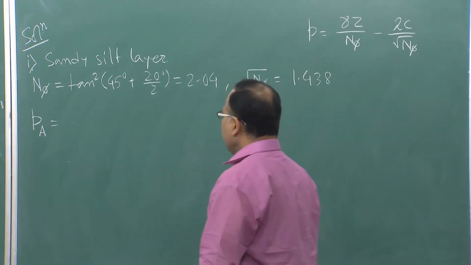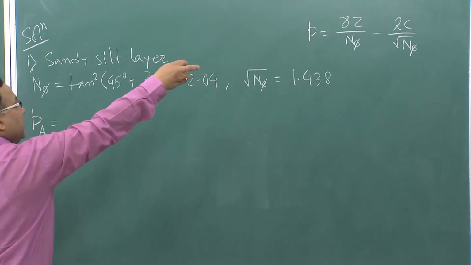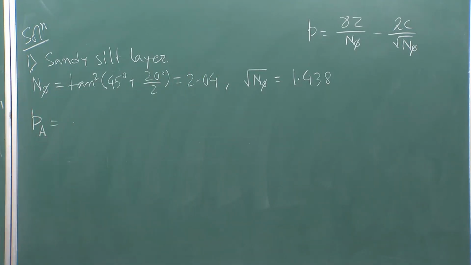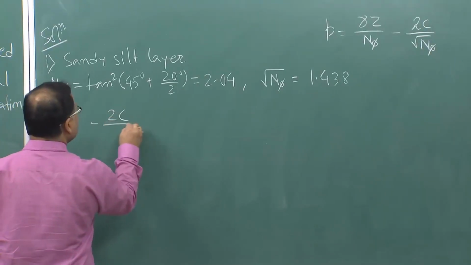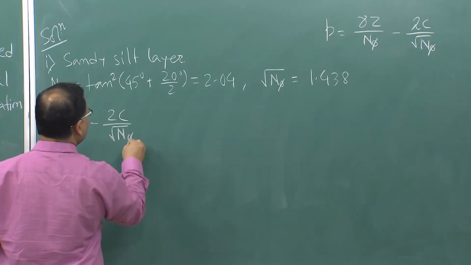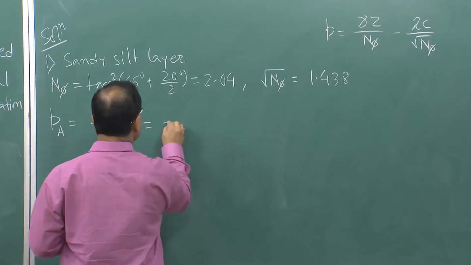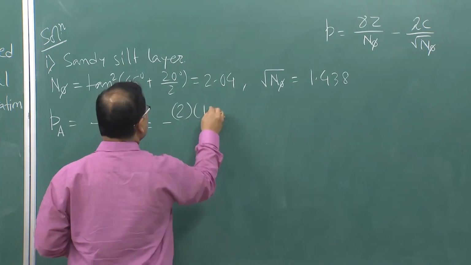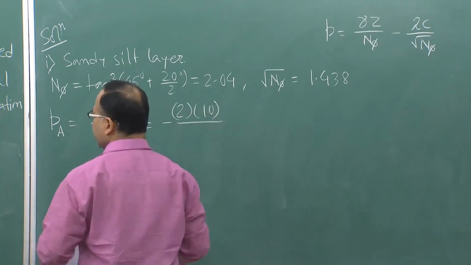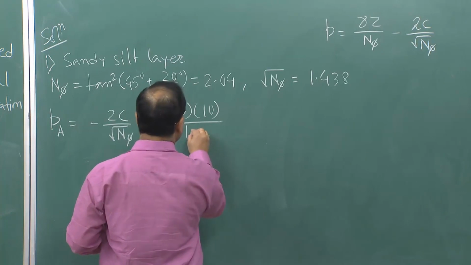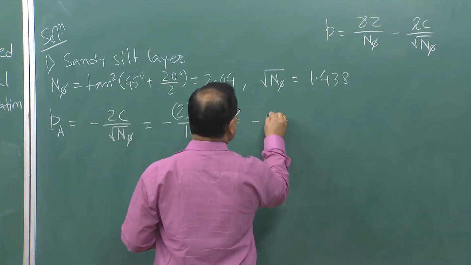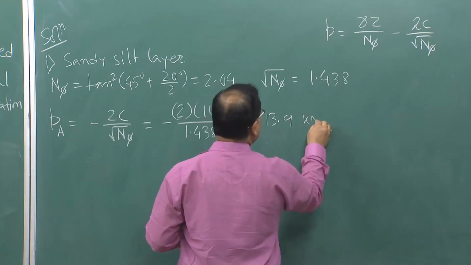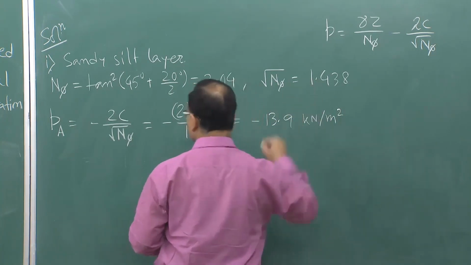Okay. So, PA in this equation, when we are considering point A, z equal to 0, that means at the top of the wall. So, it will be simply minus 2c by root over N phi. If you put the values, minus 2 into C, which is 10 kilonewton per meter square, divided by 1.438, is equal to minus 13.9 kilonewton per meter square.